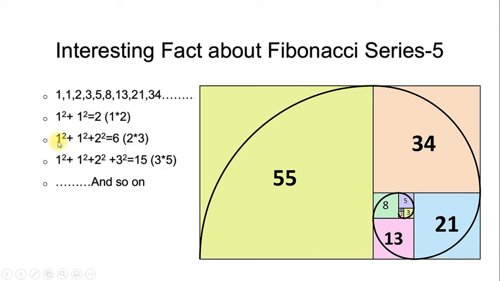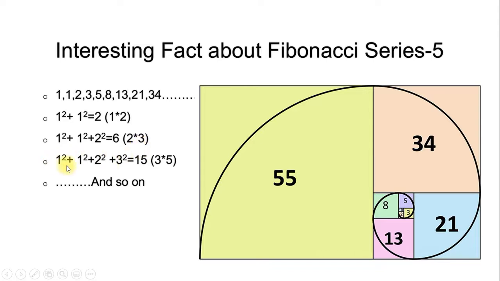Similarly, if we sum the squares of three terms, 1 square plus 1 square plus 2 square equal to 6, it becomes the third term of the series, 2, into 3, the fourth term.